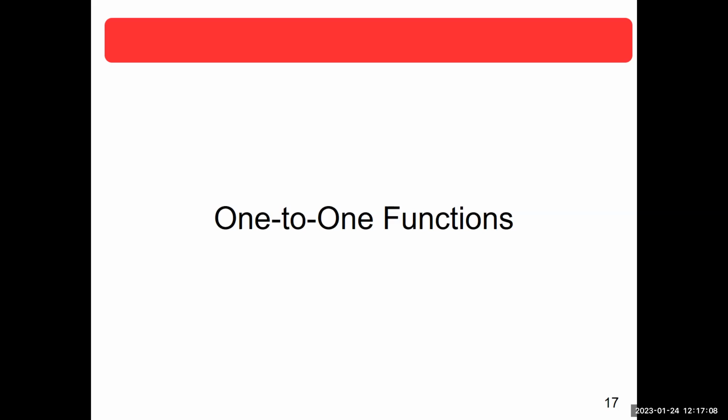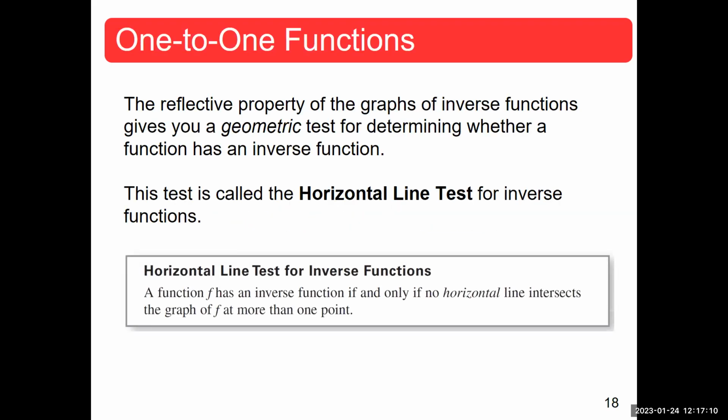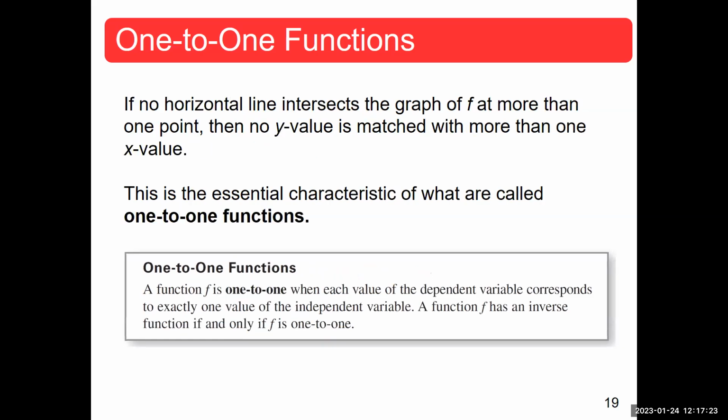One-to-one function, horizontal line test. So really, not every function has an inverse. Some functions do, some functions do not have an inverse. How would we know that?